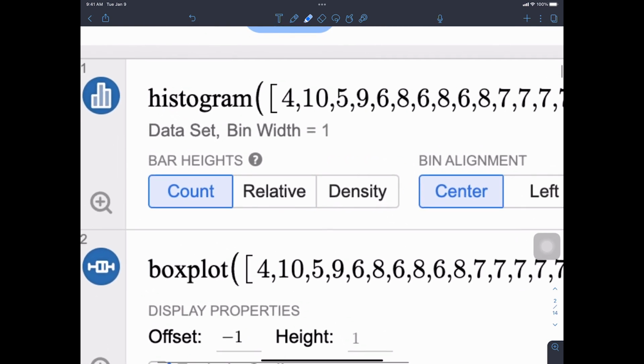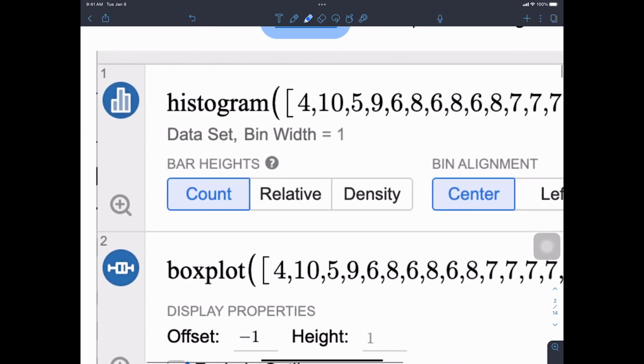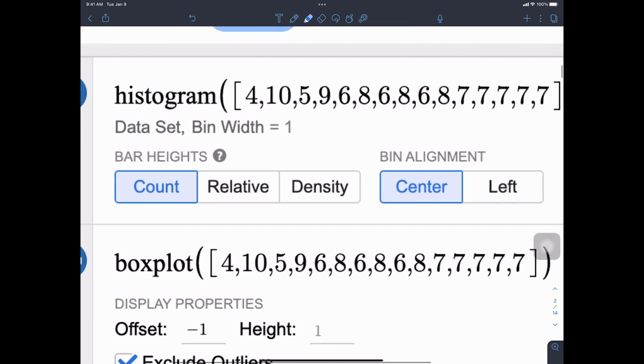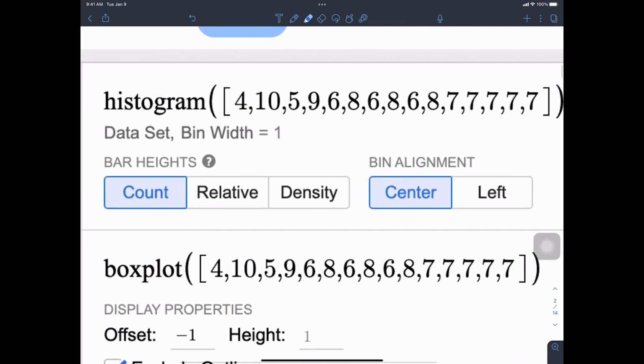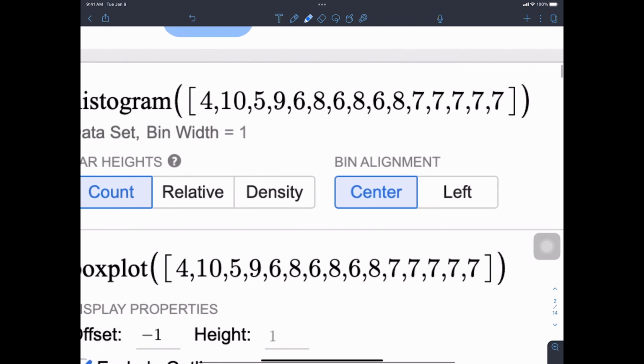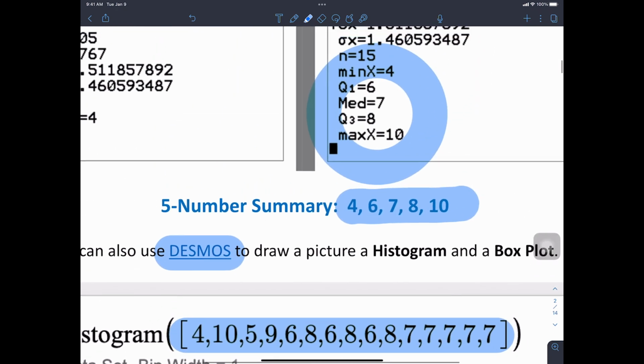You guys already know what a histogram is, right? It's a bar chart. But how you handle it in Desmos, you put histogram and then parentheses, and then in square brackets, this is where you put the data inside in Desmos. That's all these data values that I have up here.